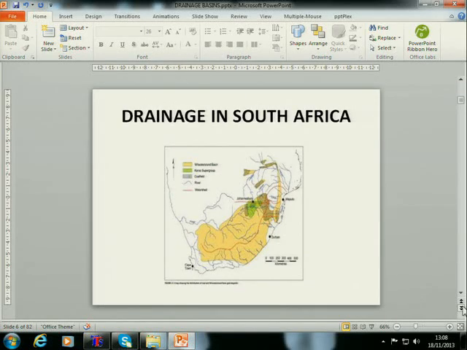The next one. These are a few drainage basins in South Africa. As you know, South Africa is not the biggest country in the world, but it is rather huge when you have to calculate the kilometers. So if I say that a drainage basin is a huge area, can you see that the whole of South Africa is covered by rivers and tributaries?